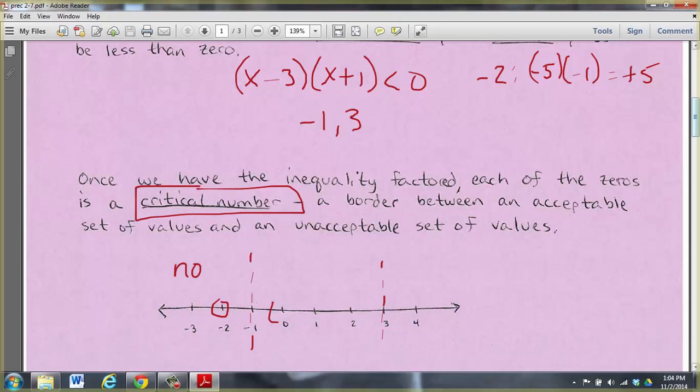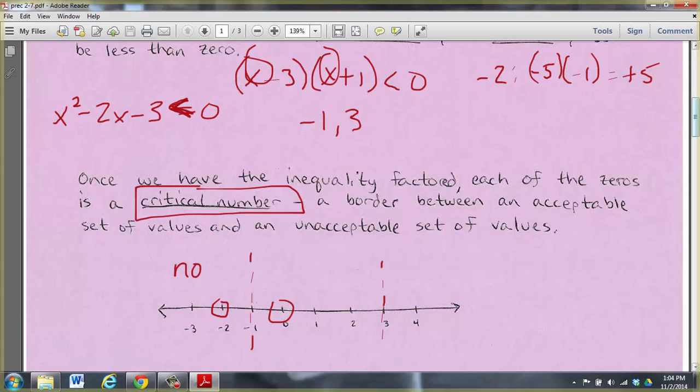When I plug in a 0, anytime that you have to plug in the number 0, it's actually easier to go back to the original equation, which in this case was x squared minus 2x minus 3. Because then you don't have to plug 0 in for here and here.